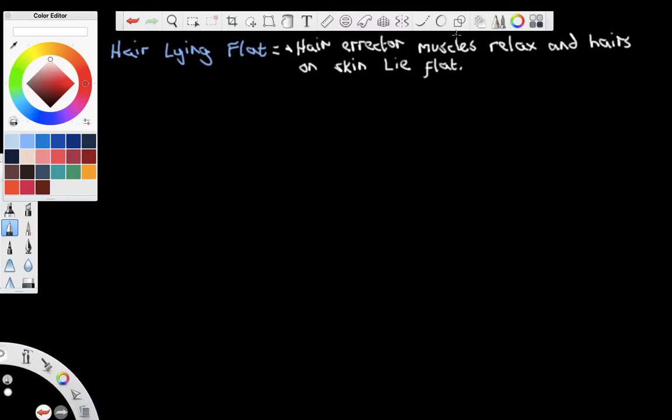Okay? This means that air does not trap any heat near the skin. So air cannot trap heat by the skin.